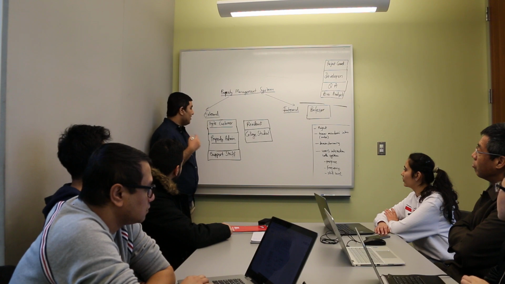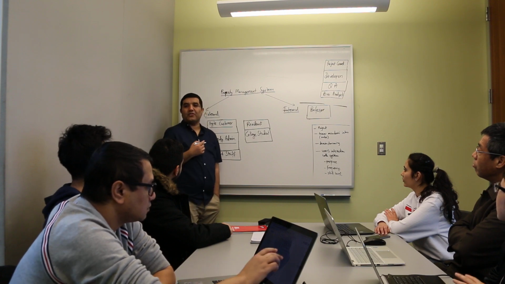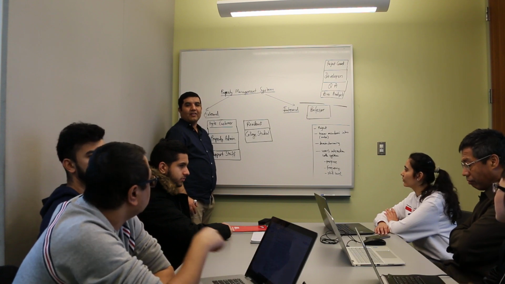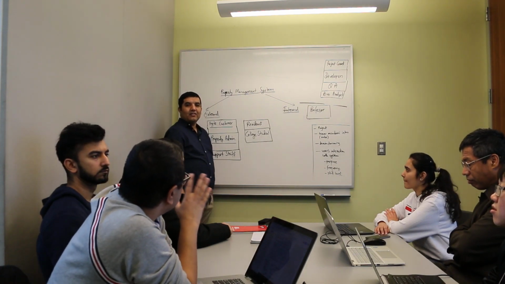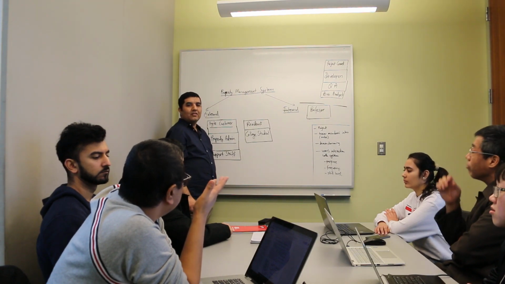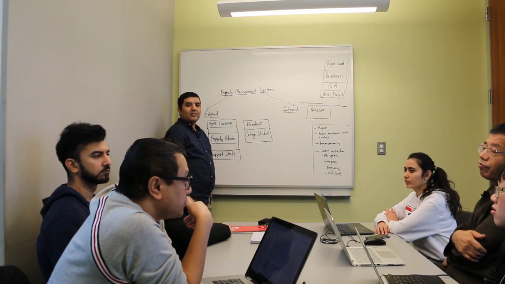So how will the property administrator interact with the system? The administrator has to go through all the details. I need to have the data of all the residents living in my property.